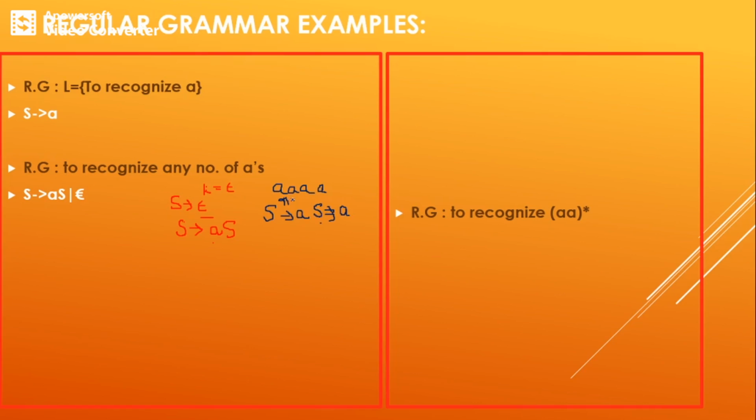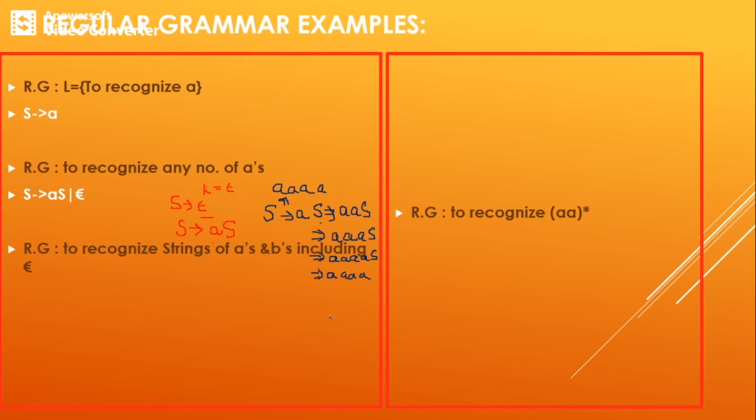How can I get another a? Again substituting the right hand side of S, that is aS. Now how do I get a third a? Again substituting S by aS. How do I get the next a? Again substituting aS. My aim was to get 4 a's, and I've already got 4 a's. Now S should vanish, so I substitute epsilon, and I get aaaa. This is called a derivation.